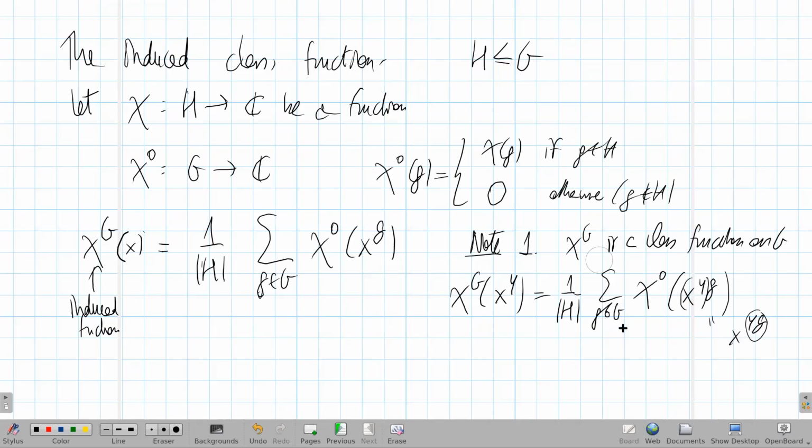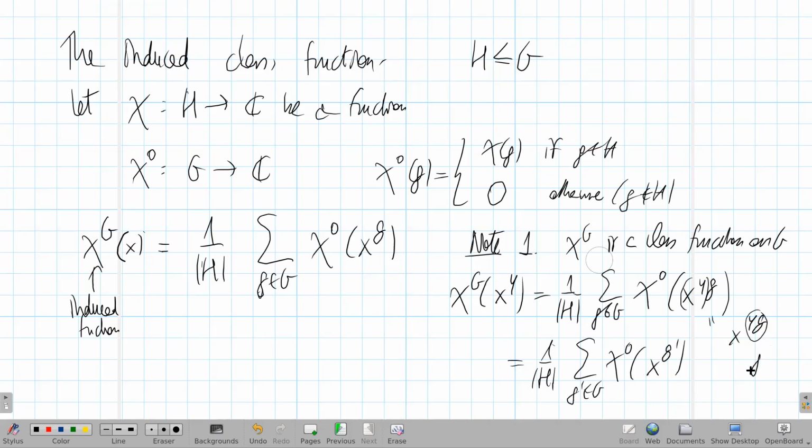But when g ranges over G, these products also range over G. So if you change the variable, and we call it g prime in G, we will get exactly the same.